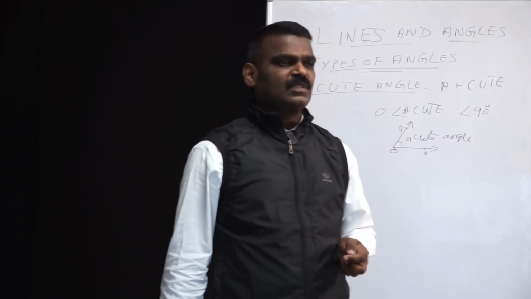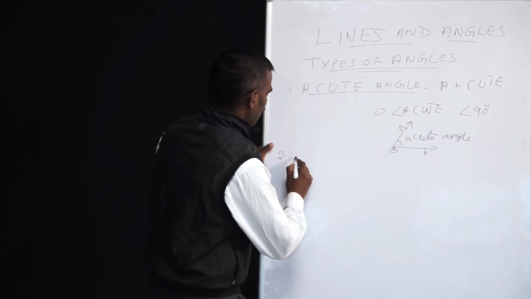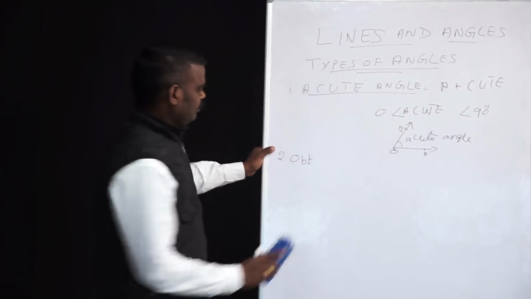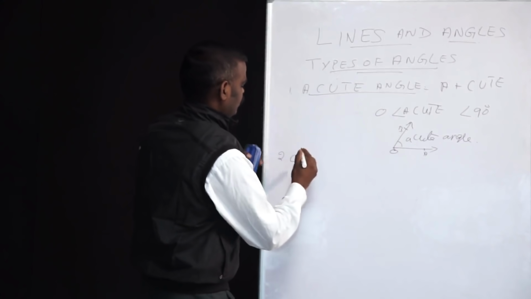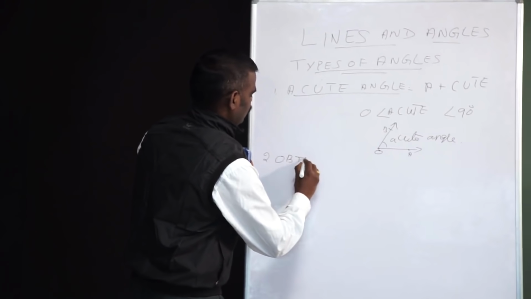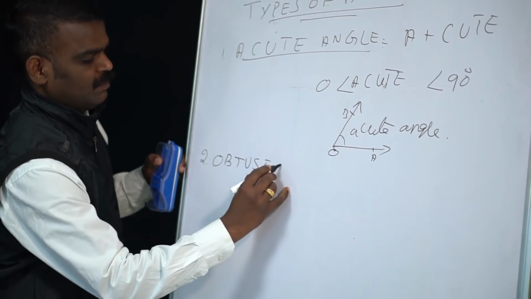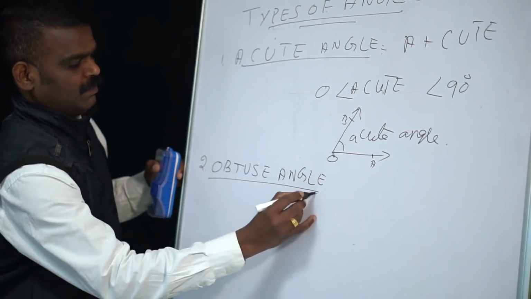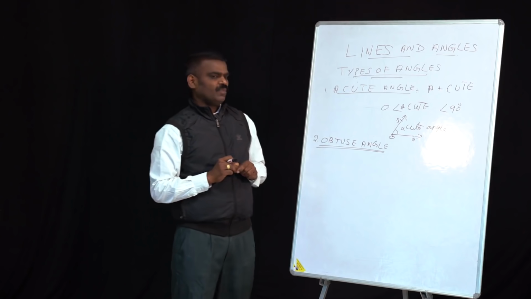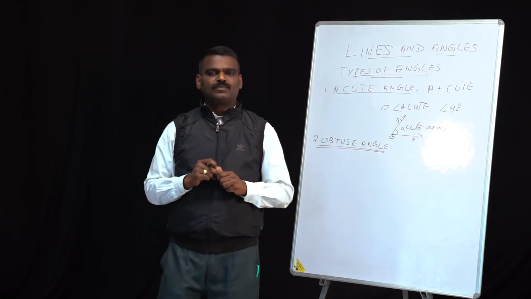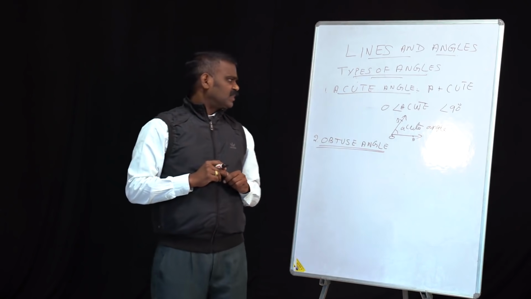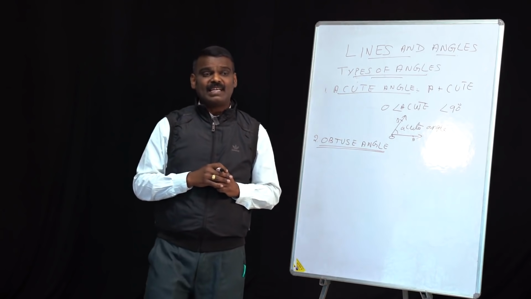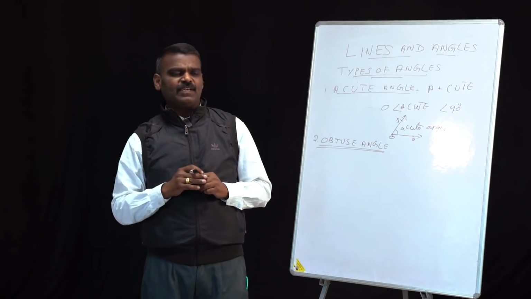Now comes obtuse angle. Obtuse angles are the angles which are greater than 90 degree but less than 180 degree.